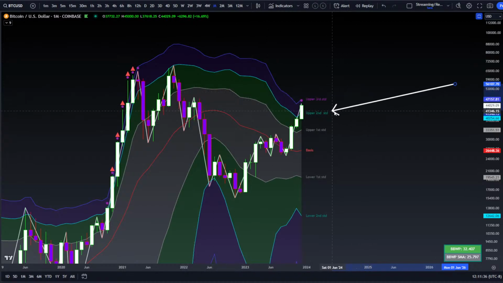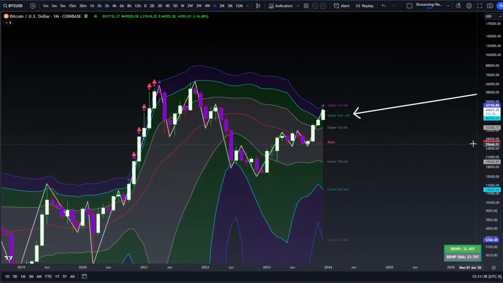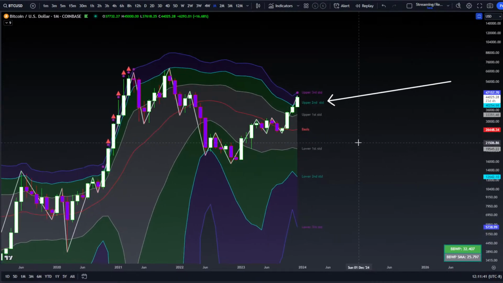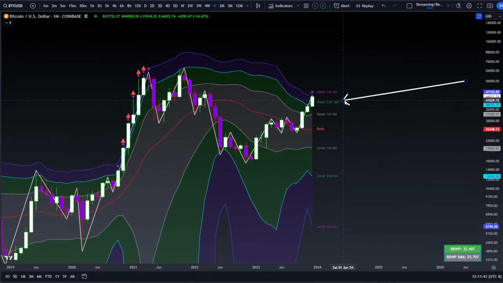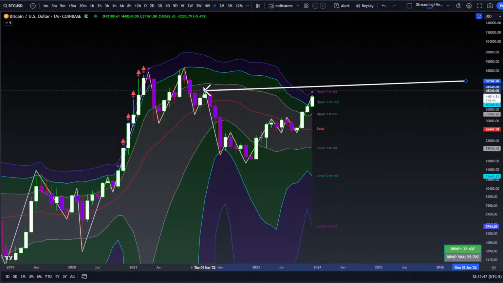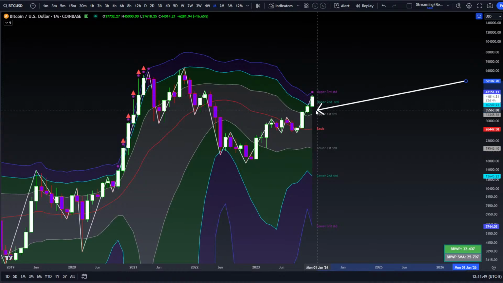As Bitcoin is trading above the monthly upper second standard deviation, there's no ands, ifs, or buts about that whatsoever. But if we did see a swing of it and then a bear candle and then another down candle, I'd be looking to the upper first standard deviation, which is at 33,350 right now, maybe a wick below it or something.